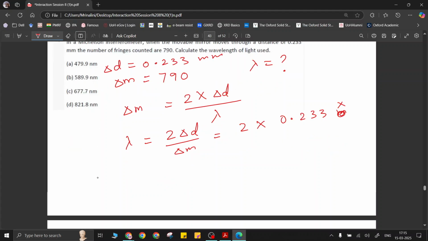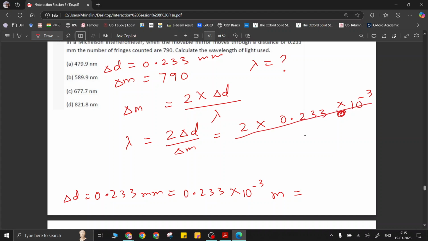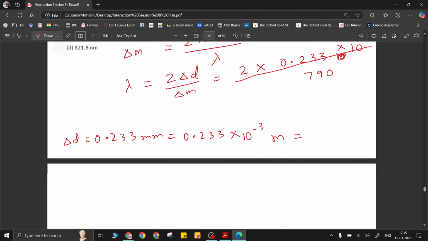So this delta D, which is 0.233 millimeter, it will be 0.233 in meters. It will be 10 to the power minus 3 meters, and in nanometer it will be, oh sorry, delta M is 790. This is in meters, later I'll change it into nanometer.